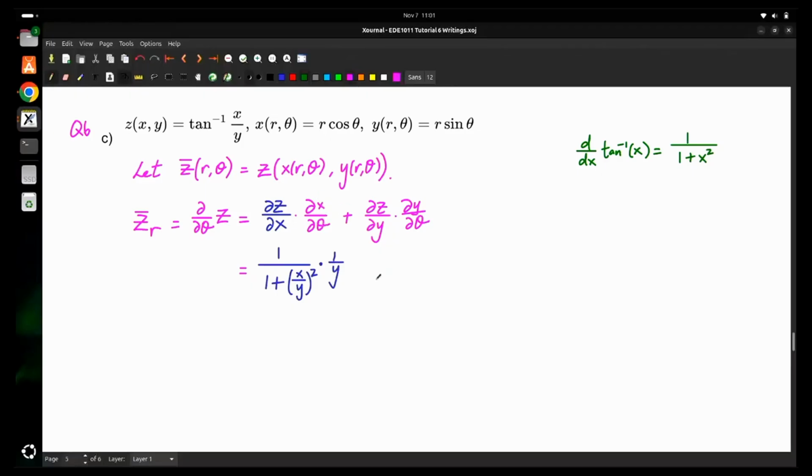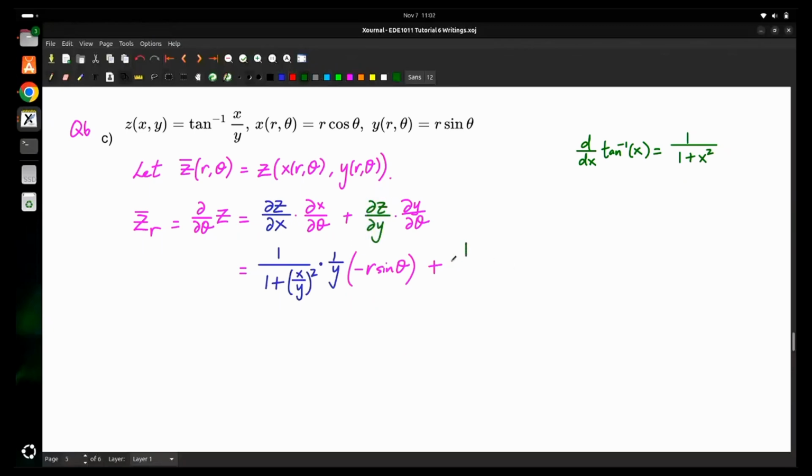Then this del x, del theta, you can multiply. Del x, del theta is really just minus r sine theta. Then your del z, del y, you also do the same thing.